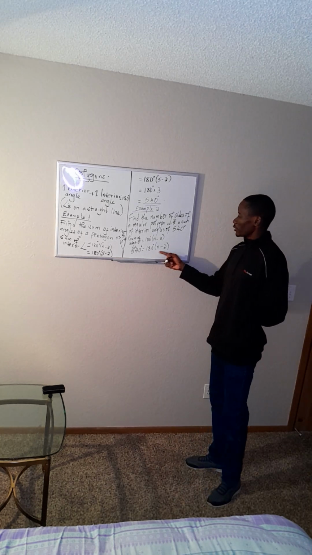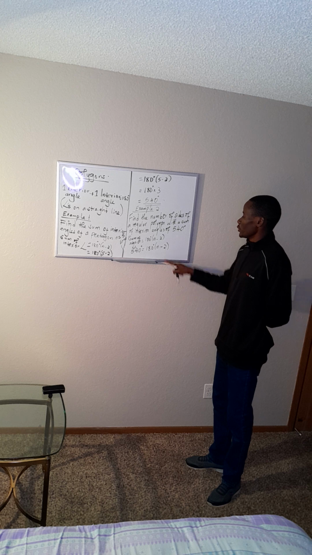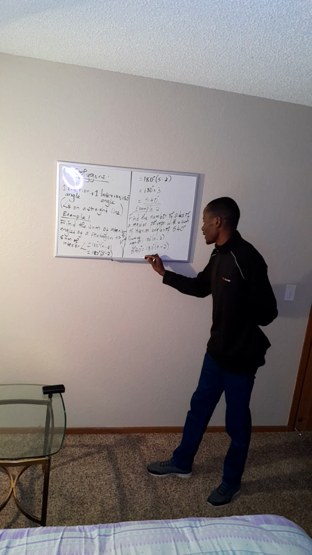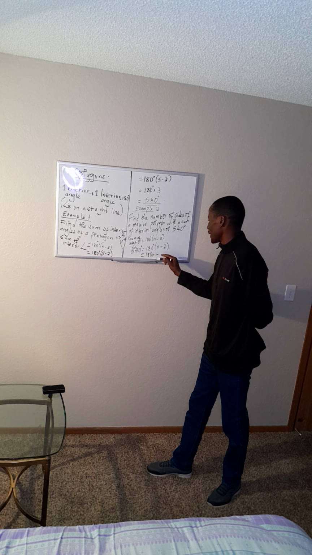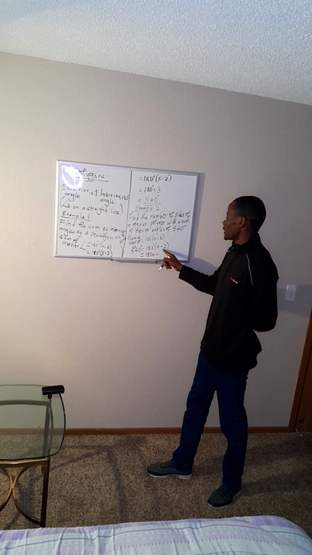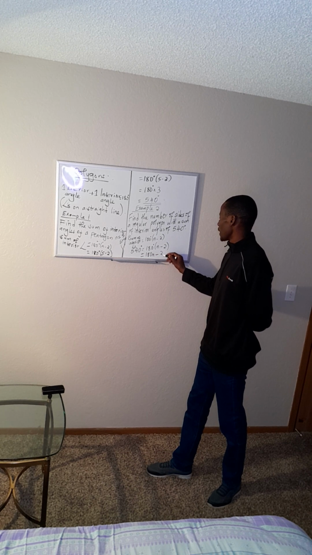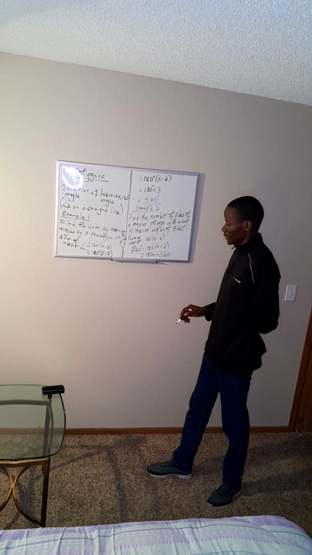Now we have to play with these values to find the value of n. The first thing you do is remove the parentheses. I have 180 n minus 180 multiplied by 2, which is 360 degrees.